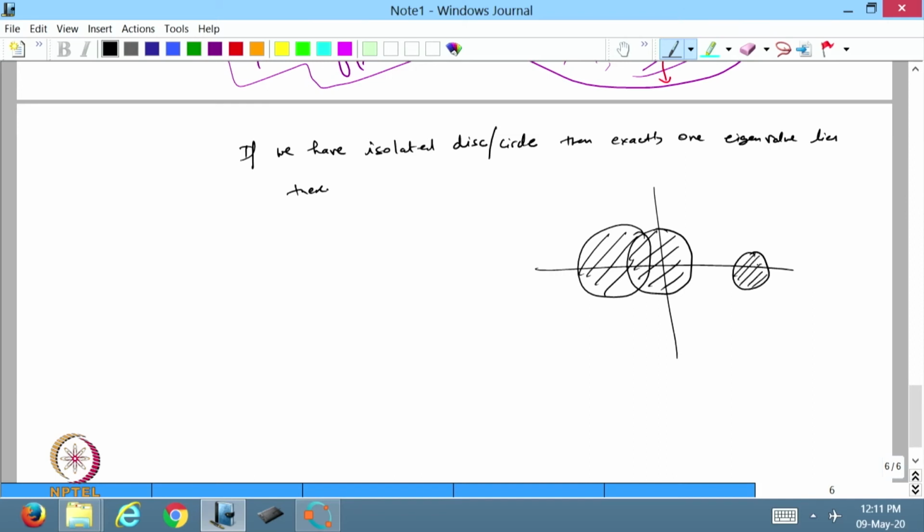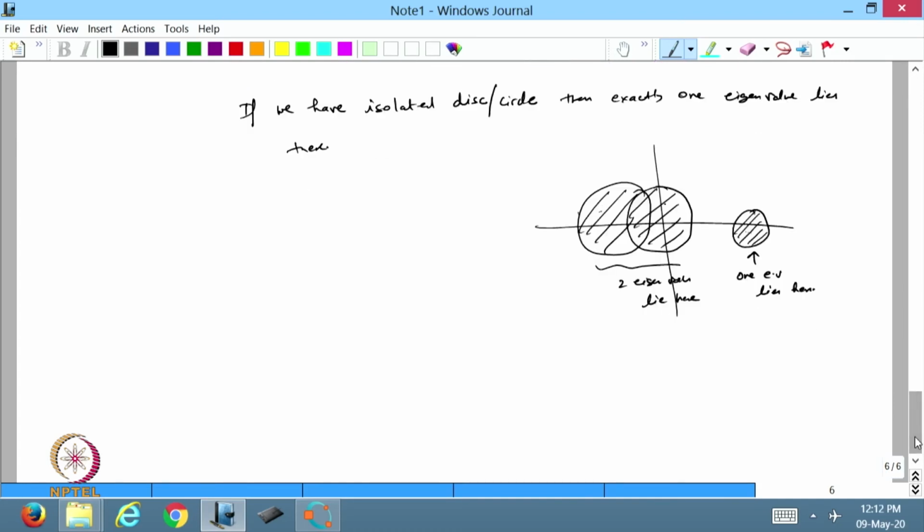In that case one eigenvalue will lie here definitely, and the two eigenvalues will lie in the union of this and this. So, that is the meaning of isolated disk. So, one eigenvalue lies here and two eigenvalues lie here. So, that is the bounds we can find.